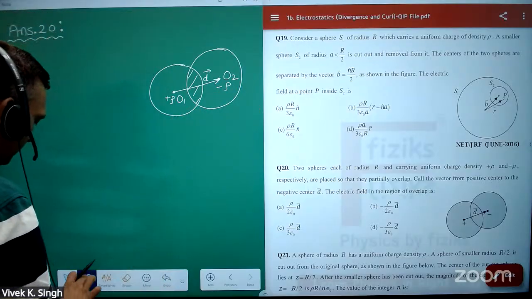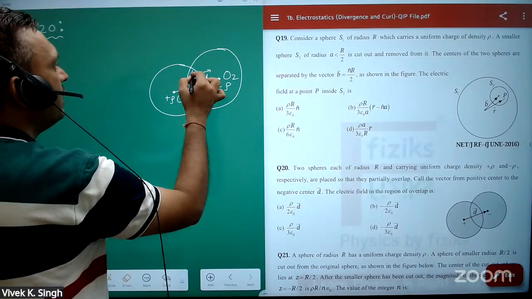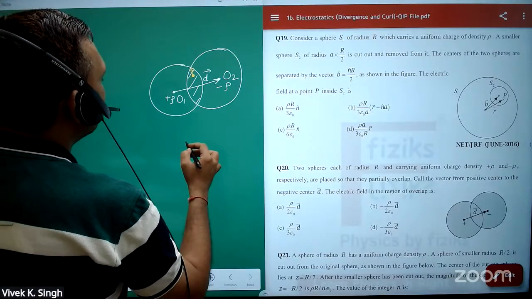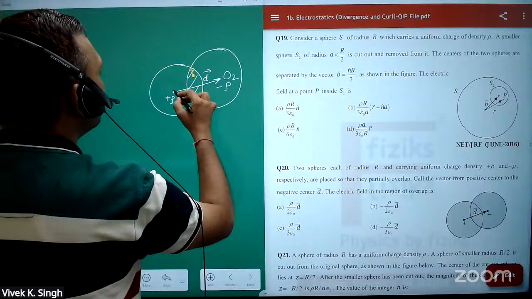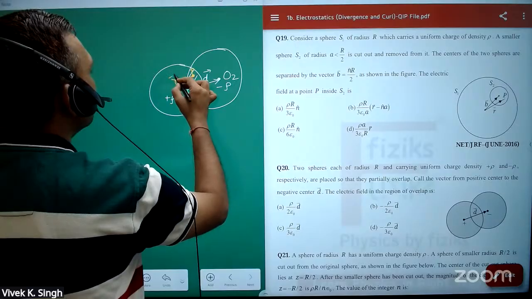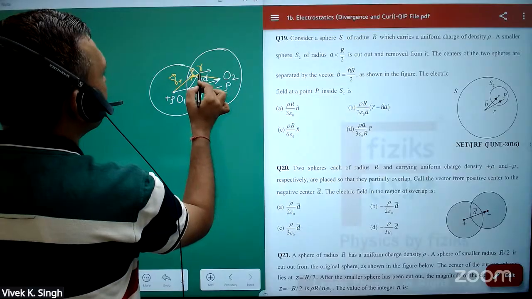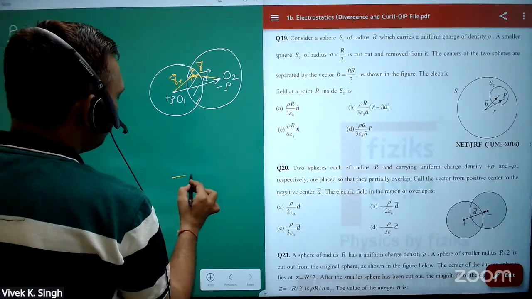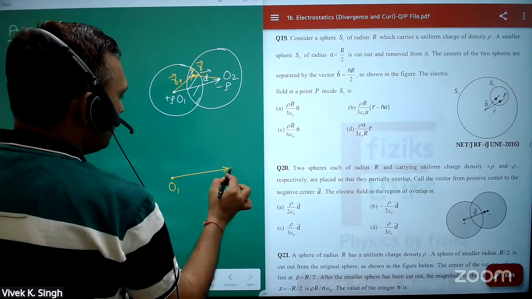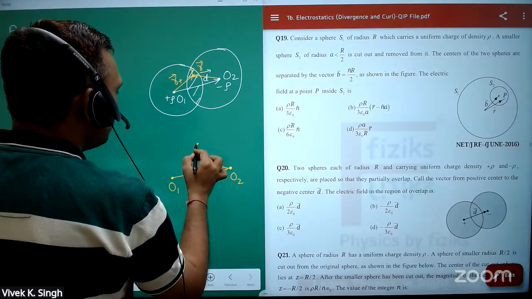And you have to see what will be the electric field at any point P in the region of overlap. Let's call this vector R plus and this vector R minus. This is O1, this point is O2, this is D vector, this is point P.